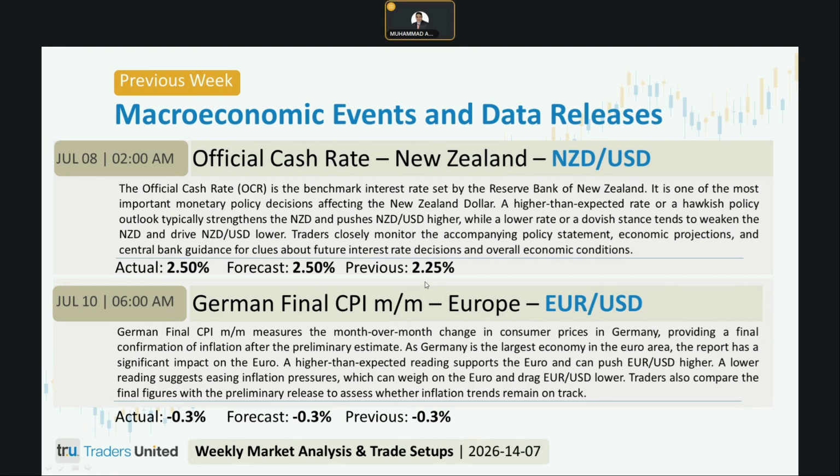Now, the previous number we got was 2.25, forecast was 2.50, and the actual interest rate number we got is also 2.50. So this number is actually greater, 2.50, than the previous 2.25.